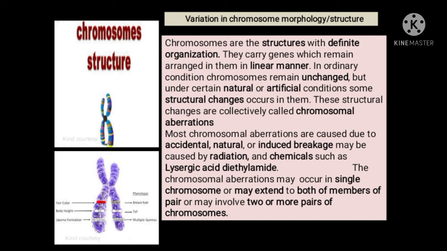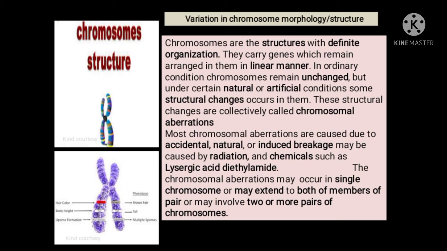These structural changes are collectively called chromosomal aberrations. Most chromosomal aberrations are caused by accidental, natural, or induced breakage, which may be caused by radiations and chemicals such as lysergic acid diethylamide.